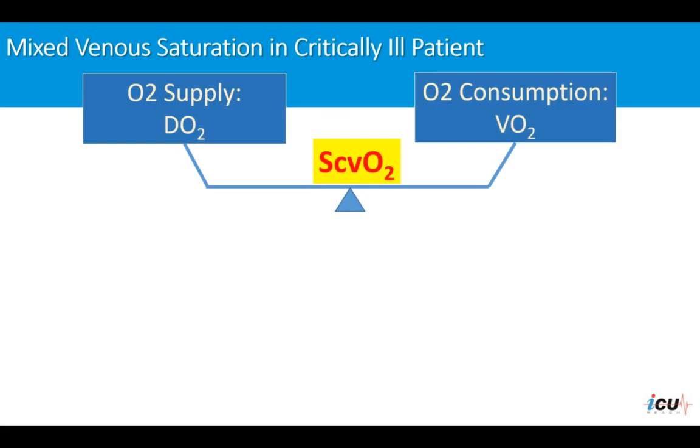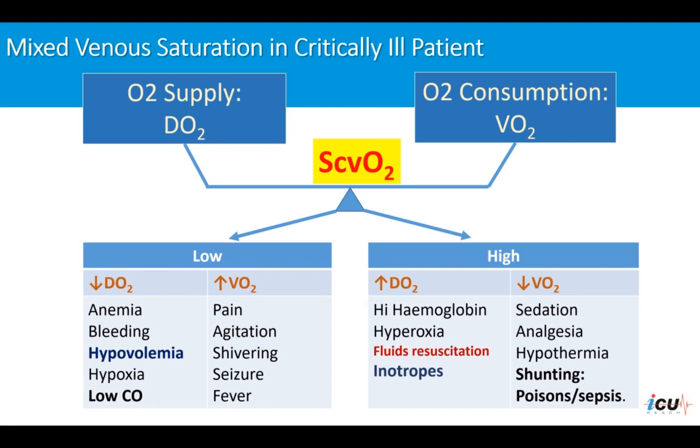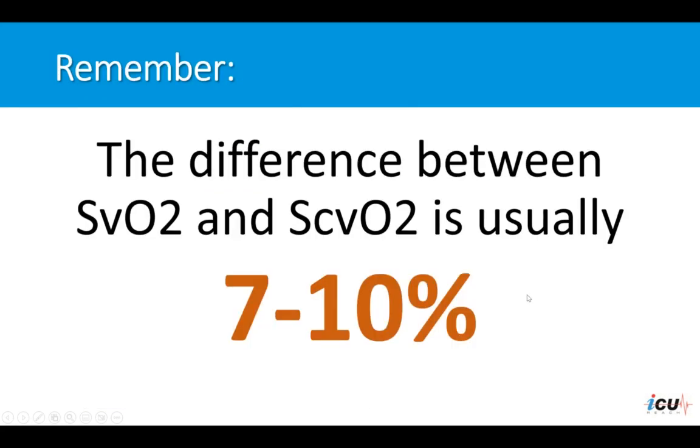So we can utilize the central venous oxygen saturation instead of the mixed venous oxygen saturation, and the differential diagnosis would be the same. You have conditions where the central venous saturation is low, secondary to decreased oxygen delivery or increased oxygen consumption. When it is high, this would be secondary to increased oxygen delivery or decreased oxygen consumption.